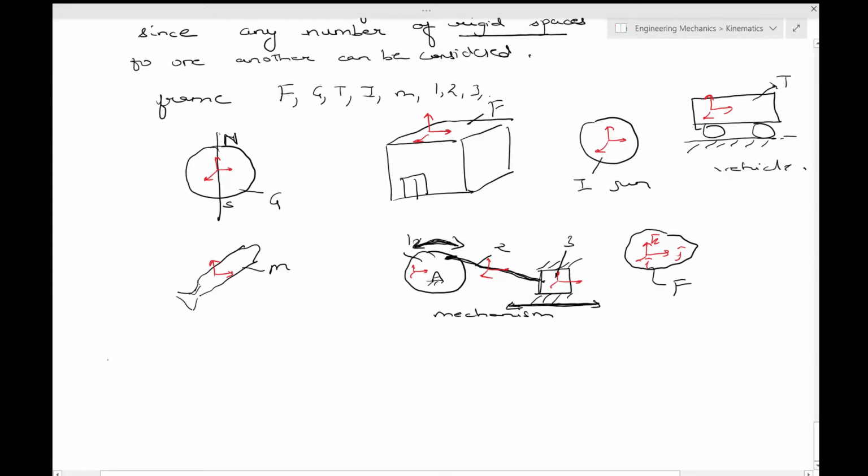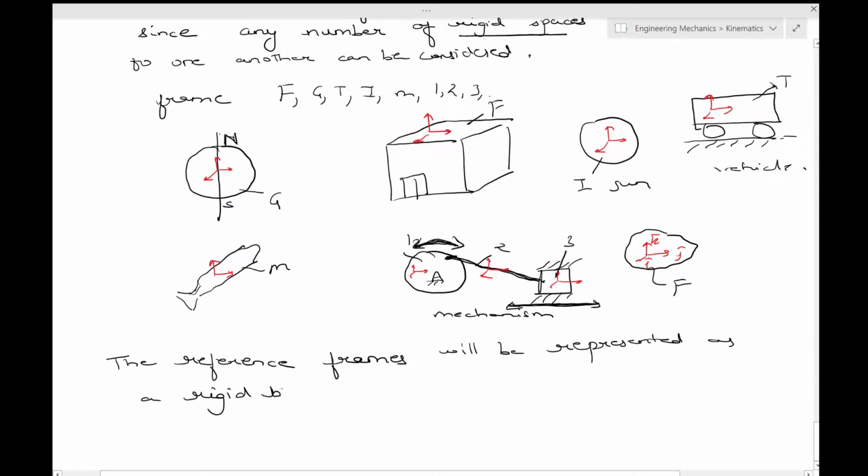So the reference frames in this course and in general will be represented as a rigid body.